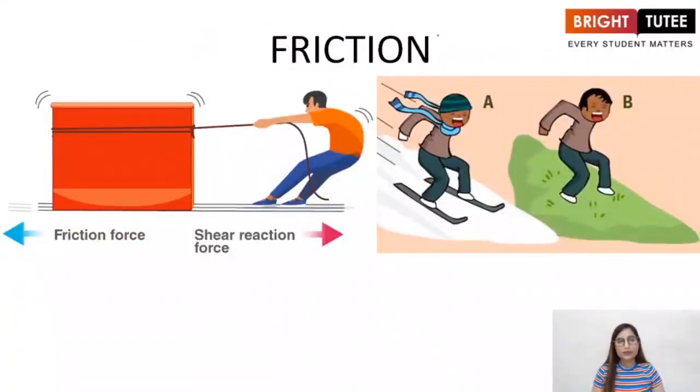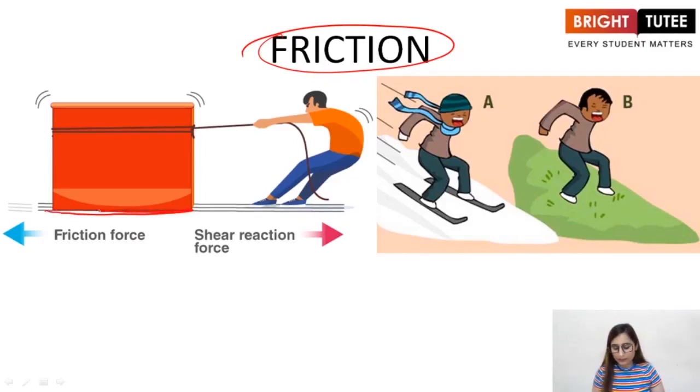Now the second topic is friction, the second kind of force. What is friction? Basically, this is a box kept on the ground, right? If you look very carefully, you will be studying this in the 12th chapter, which is friction. The surface of the box and the surface of the road are in contact, right?